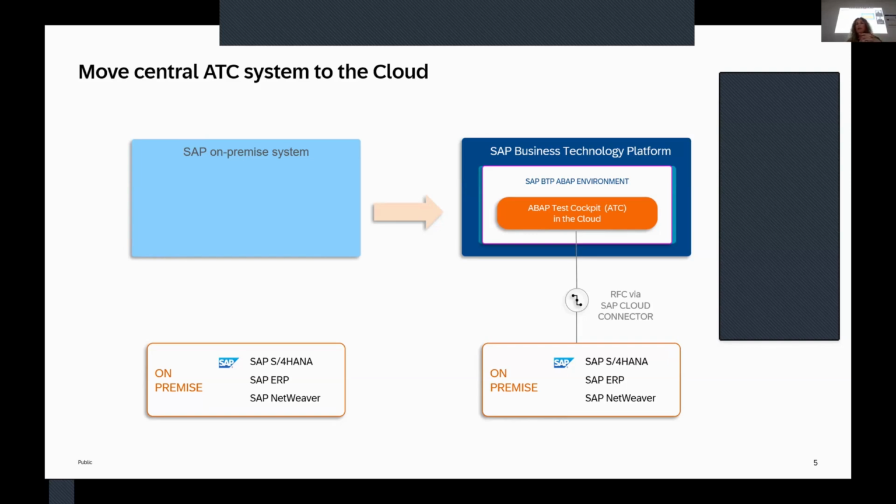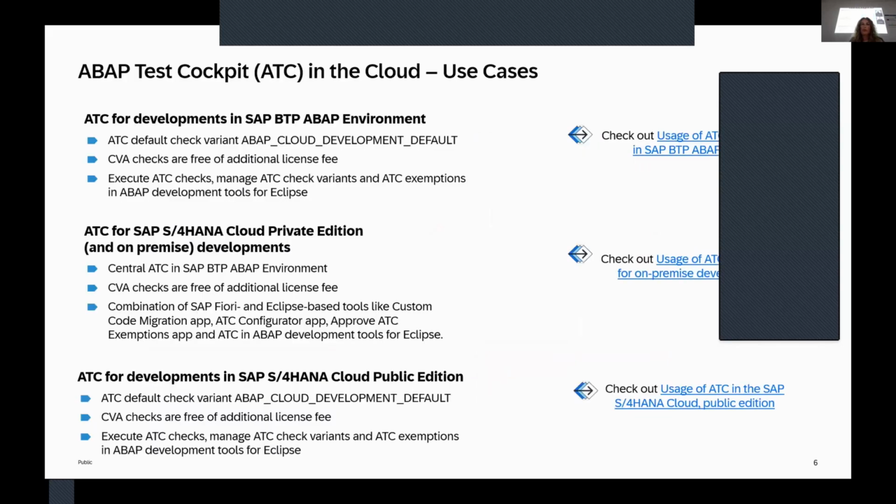And you don't need to do it anymore since you have ATC on BTP, which is upgraded automatically, which is always up to date on the newest release. And you can check any system of your landscape using the central ATC on BTP. On top of that, you always get the newest innovations, all the newest features inside of this system, and it is always up to date.